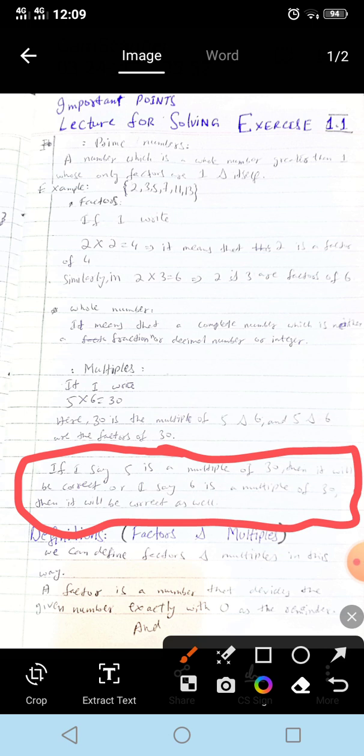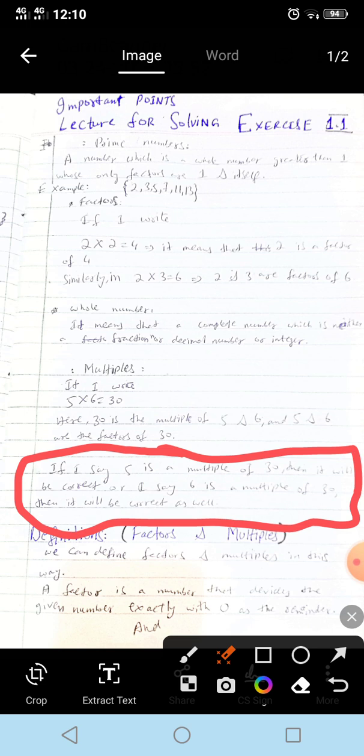Is this statement right or wrong? As I have taught you the definition of factors and multiples, and I have given you the previous examples, you are supposed to tell me, is this statement right or wrong?